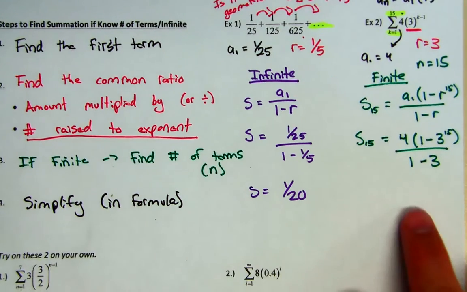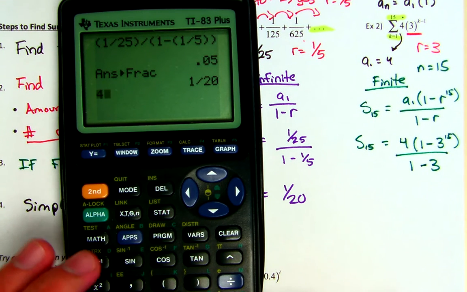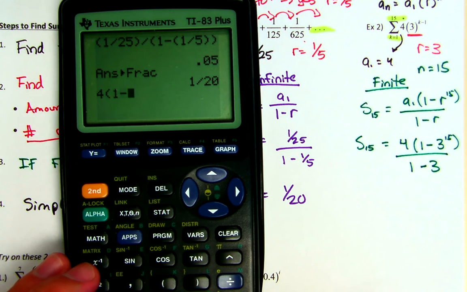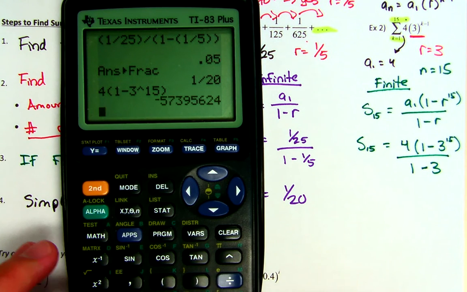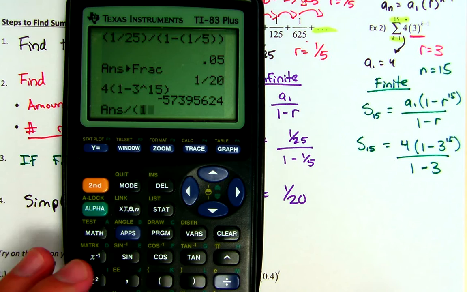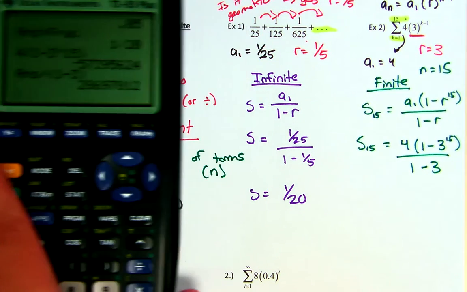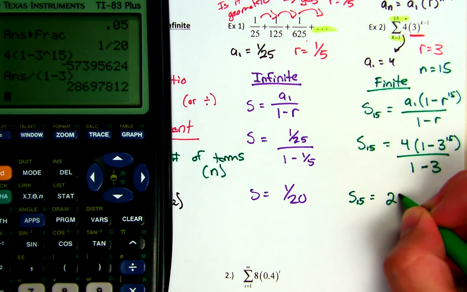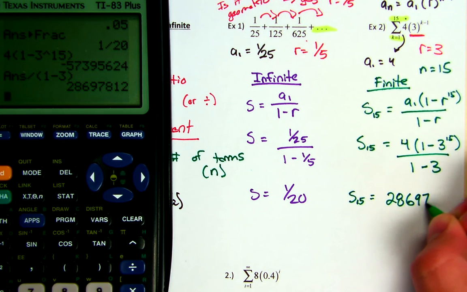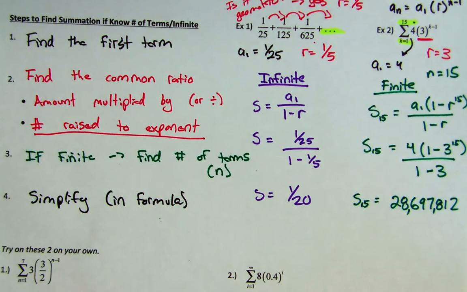Again, with this one, the way I'd enter it is I would start with the top, 4 parentheses 1 minus 3 to the 15th power, and then I would divide by 1 minus 3. I'd break it down into 2 separate steps. Alright, so then we get the sum of 15 terms is 28,697,812. Alright, so that is those 2 problems there.